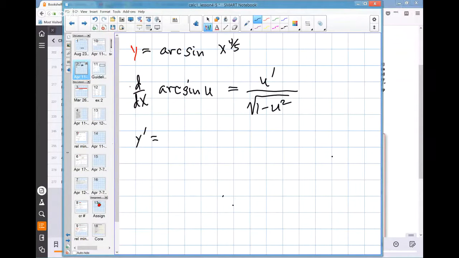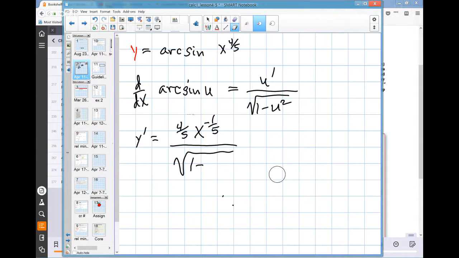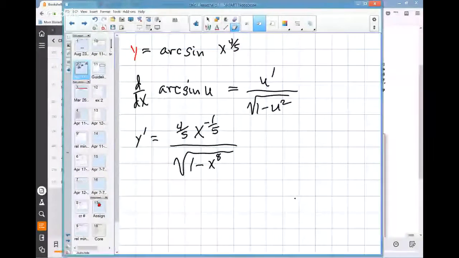So that would be 4/5 x to the negative 1/5 over 1 minus u squared, which would be what? x to the 8/5. If you square x to the 4/5, it's x to the 4/5 times x to the 4/5, keep the base and add the exponents, x to the 8/5.